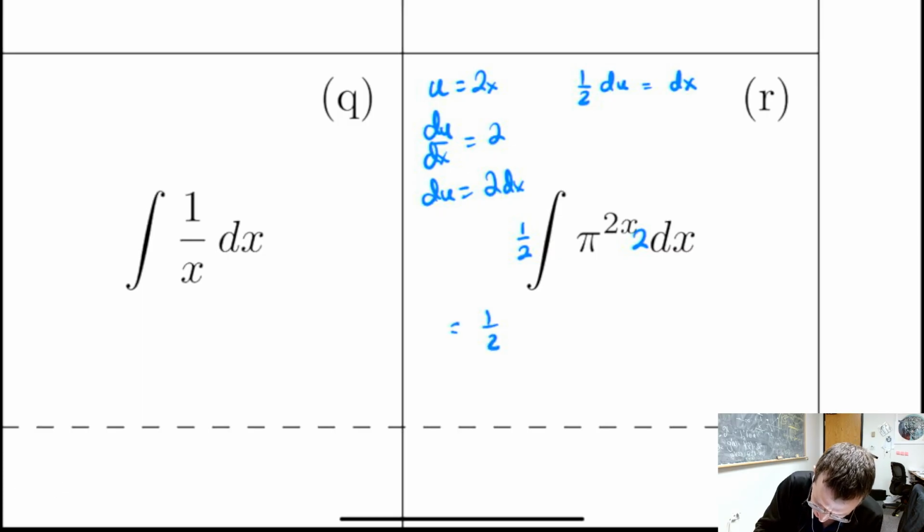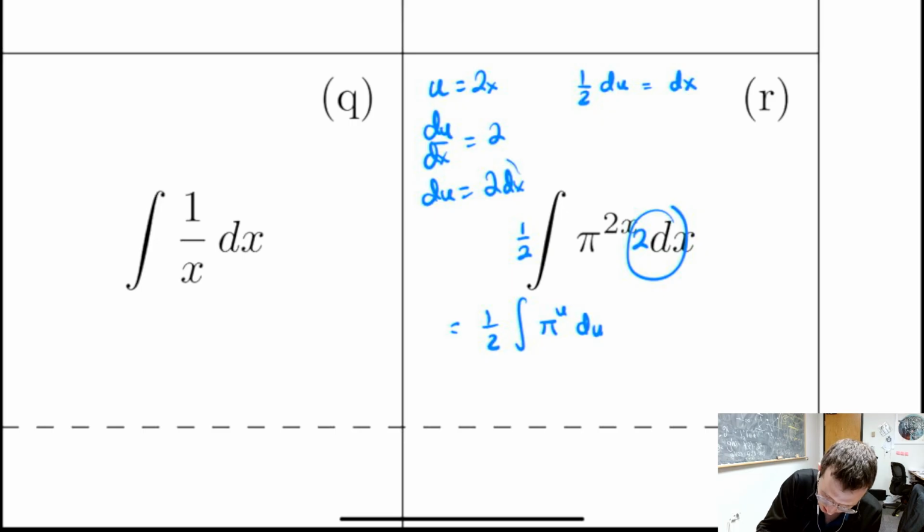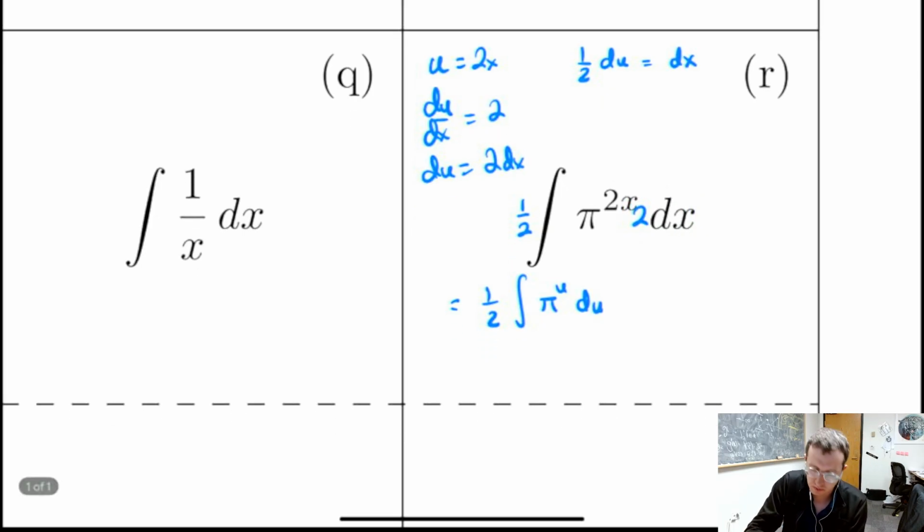So now this is the 1/2 times the integral of pi to the u du. I just replaced that 2x with u, and I replaced the 2 dx with du. Okay, we still have to integrate this exponential function.